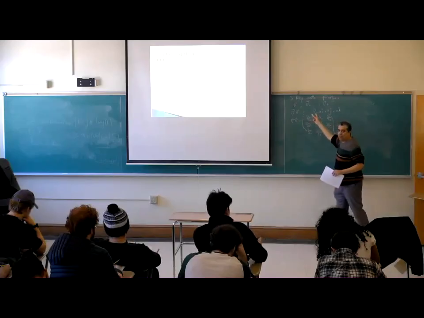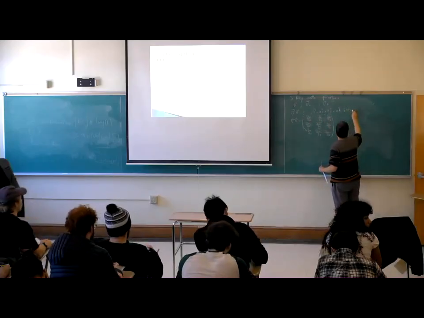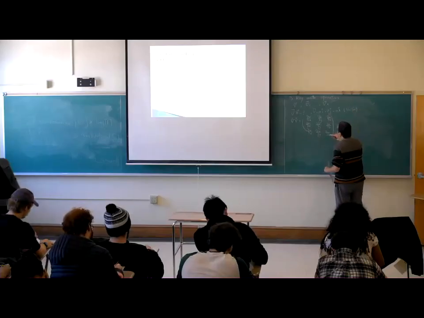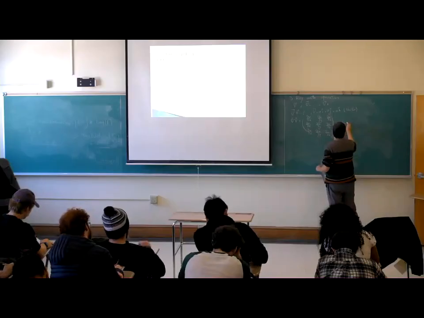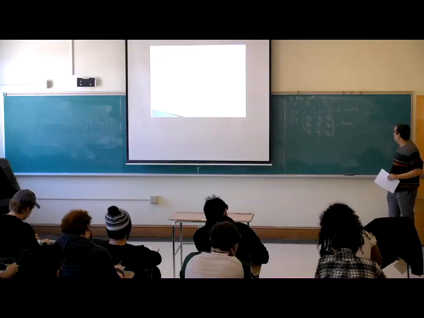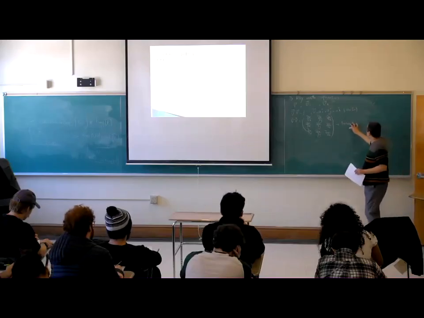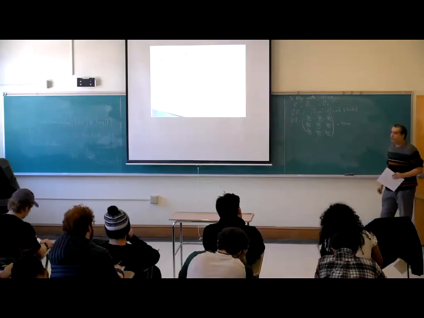V has three components, is a vector. Gradient is a tensor. So 3 by 3.